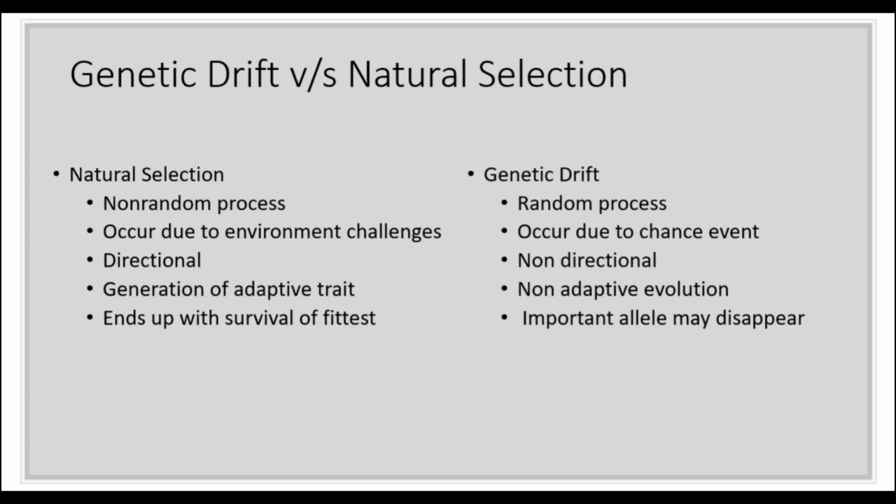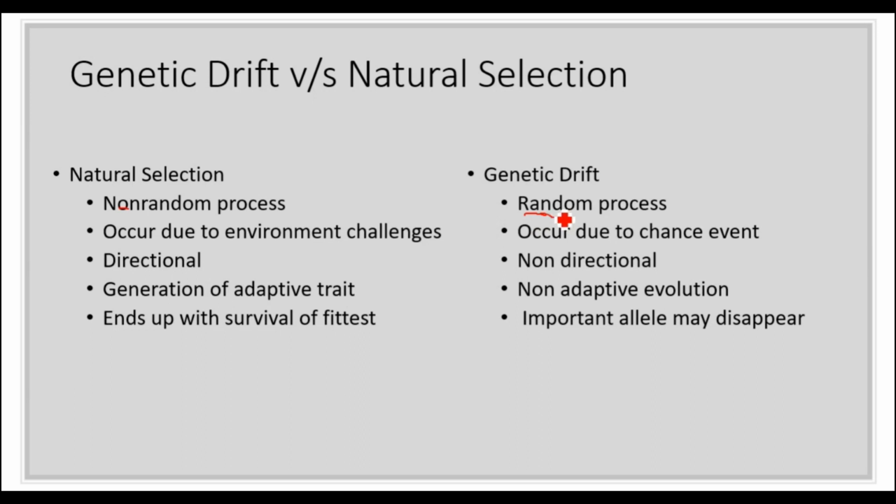Natural selection is a non-random process. Only those alleles that are beneficial for survival will be retained, and the other alleles which are not beneficial will not be retained. While genetic drift is a random process.